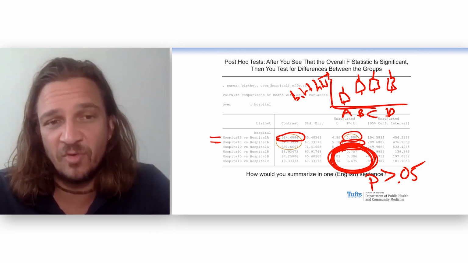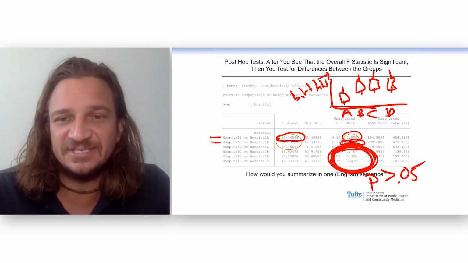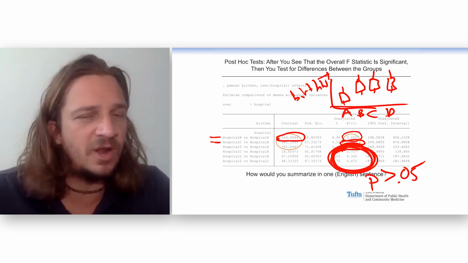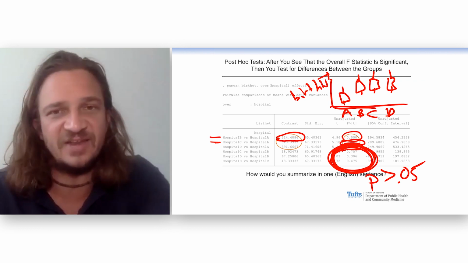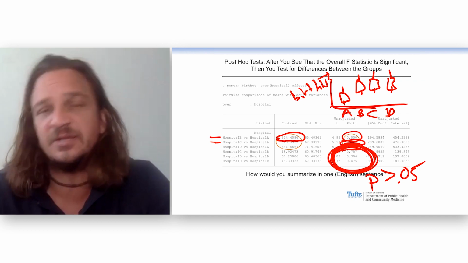A one-sentence summary of 6 t-tests: on the average, babies born in hospital A are significantly smaller than those born in B, C, and D, which do not differ from each other. That's it. That's your one sentence.